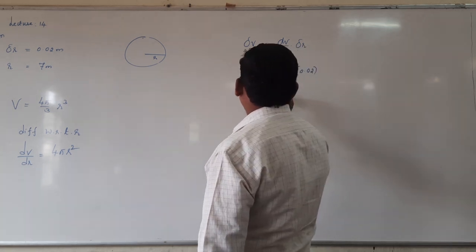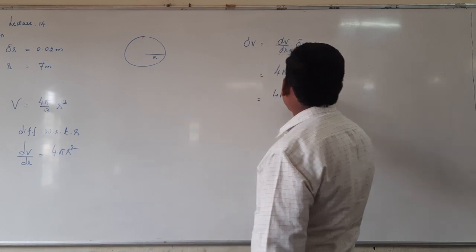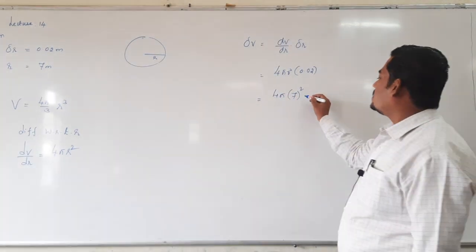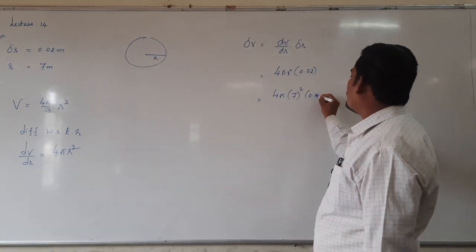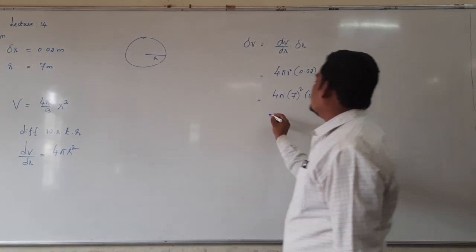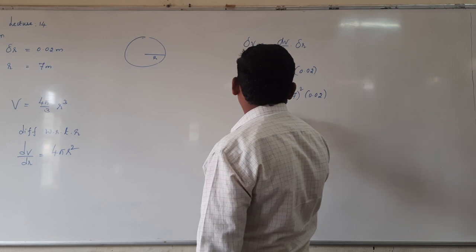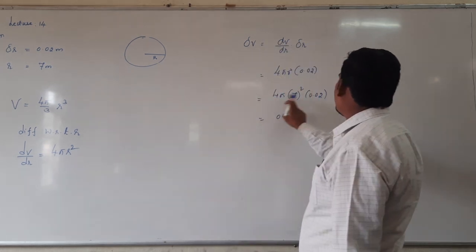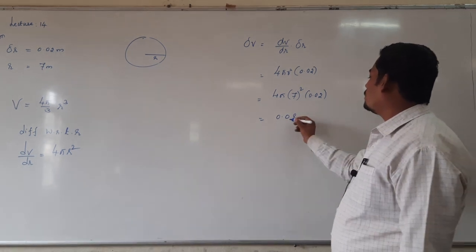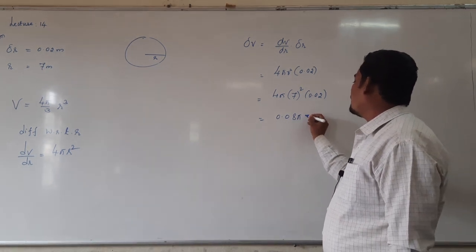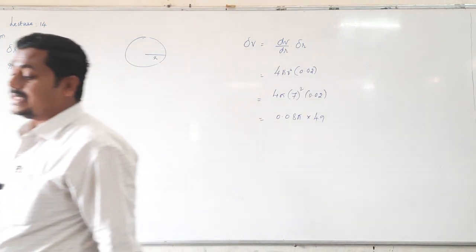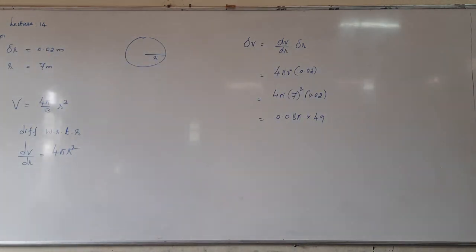That's equal to 4 pi into radius is also given, that is 7 meters, 7 whole square into 0.02. That's equal to 0.08 pi into 49, right?